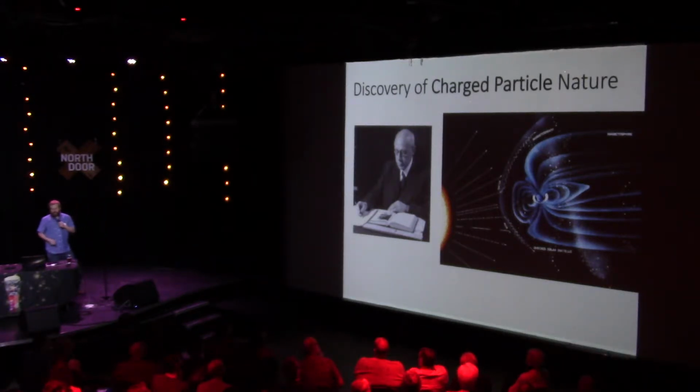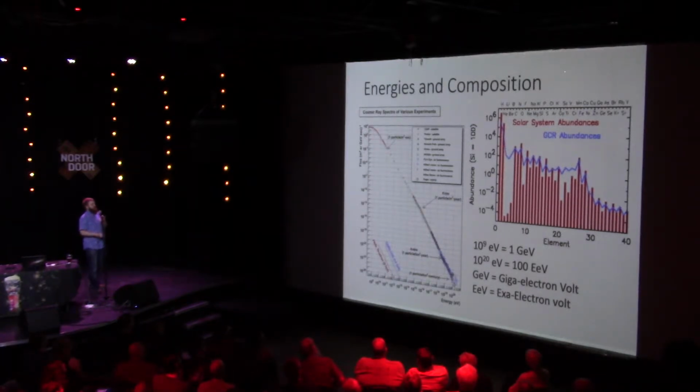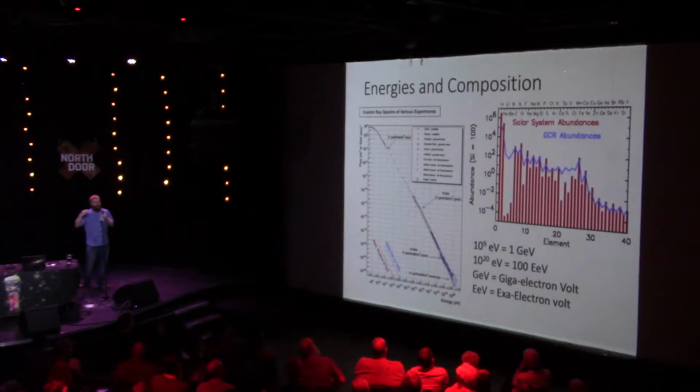So what do we know today about what they are? This is the most recent and best spectrum that we have of cosmic rays, going by the energy of the cosmic ray. The mass of a proton is 1 giga electron volt, or 10 to the 9 electron volts. If a particle has an energy above that, then it's a relativistic particle, moving faster than its mass energy.